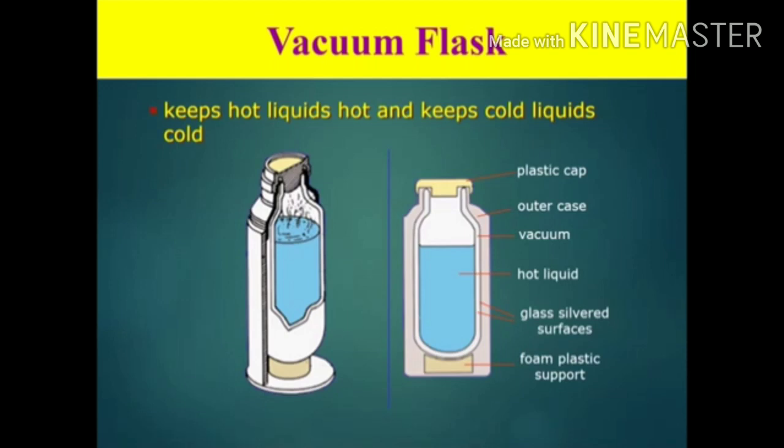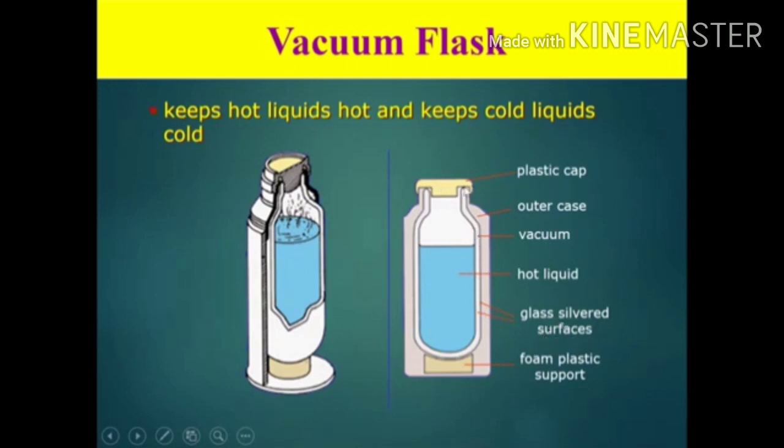The vacuum between the two walls prevents heat being transferred from inside to the outside by conduction as well as convection. As the space between the two walls is evacuated, there is little air between the walls. This almost avoids the transfer of heat from inner wall to outer wall and vice versa.